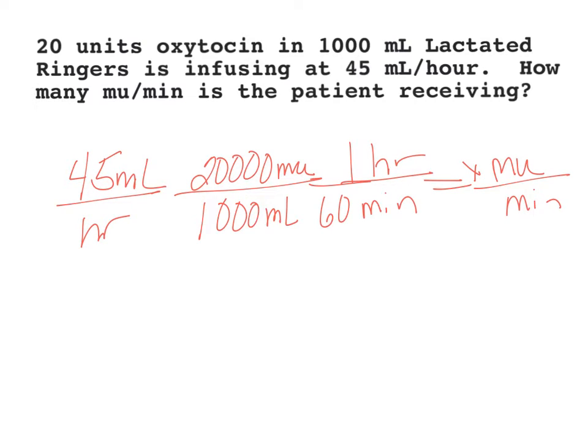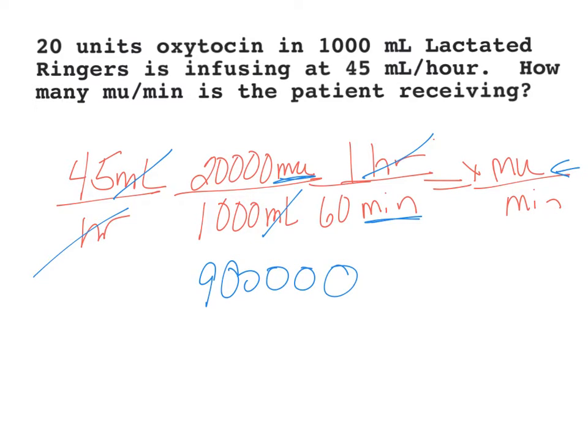Now let's cancel out the units that we don't need. Cancel out the hours, they're not part of our answer. Cancel out the mLs, they're not part of our answer. Now we have MUs per minute, which is what we wanted, which is what's over here, okay. Now those of you who don't like to reduce fractions, again, multiply straight across. You are going to end up with 900,000 over 60,000.